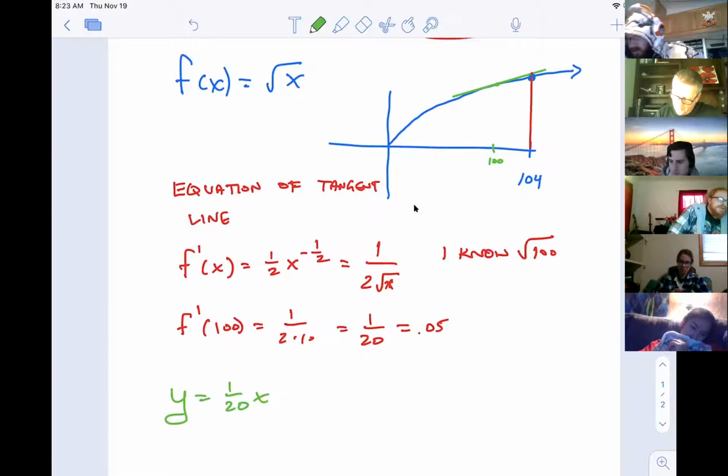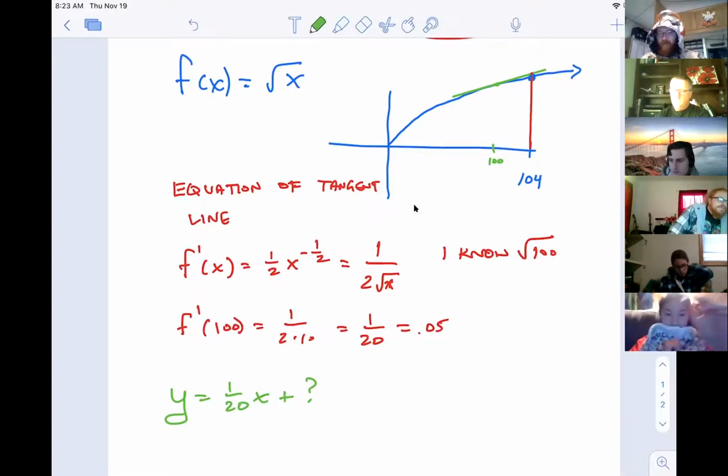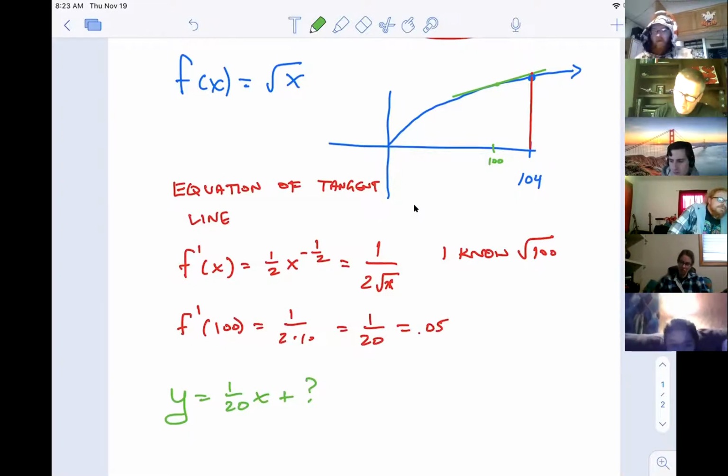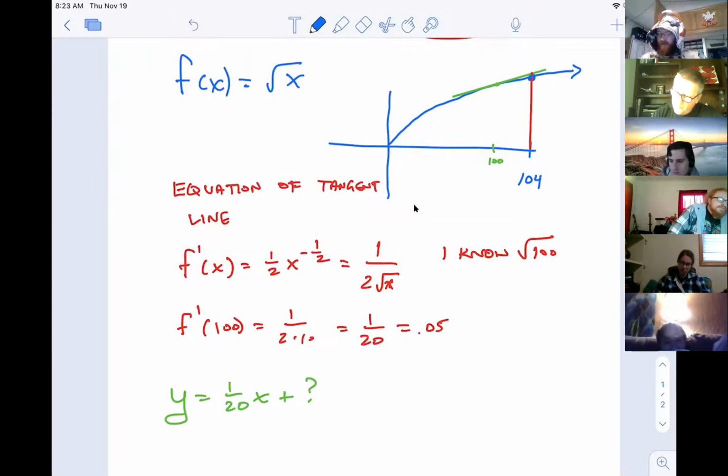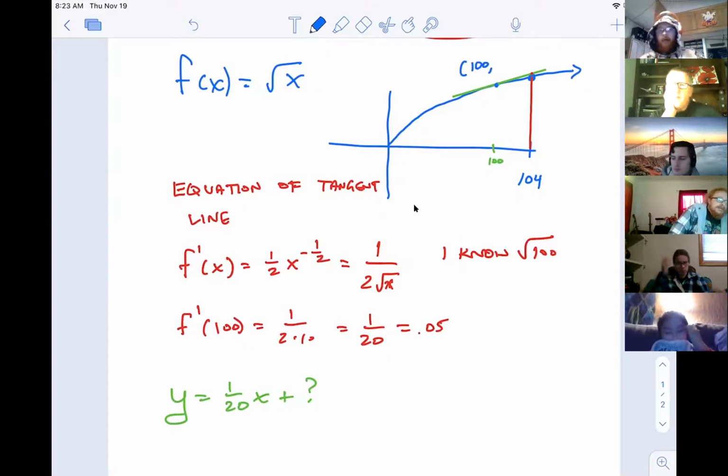How am I going to get the y-intercept? Well, related to that same exact point, along with x is 100, don't I also know what the y coordinate of that point is?